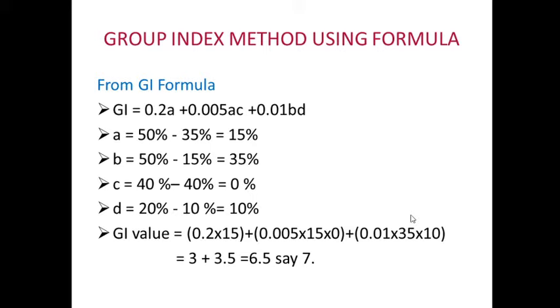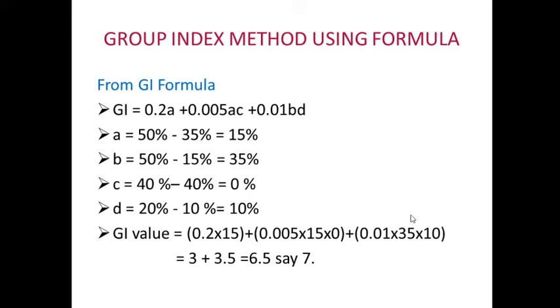C is the value of liquid limit in excess of 40 and less than 60. In our problem, the liquid limit is 40%, so C is 40 minus 40, which becomes 0. Then D is the value of plasticity index. The plasticity index is liquid limit 40% minus plastic limit 20%, which is 20%.